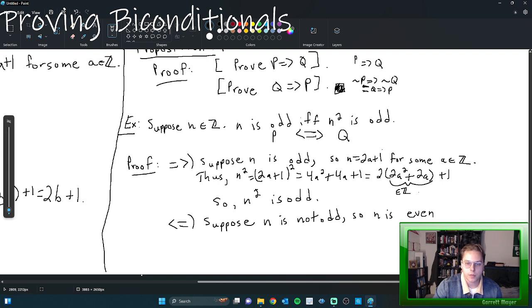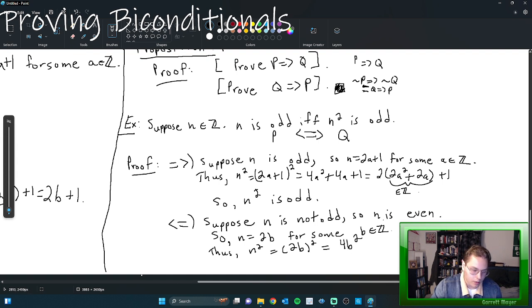Okay. So n is even, so n equals 2b for some b in the set of all integers. Thus, n squared equals (2b) squared, which equals 4b squared, which equals 2 times 2b squared.